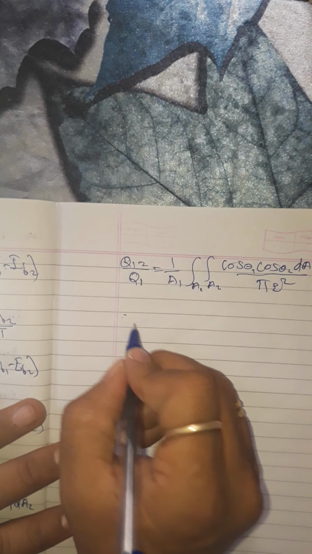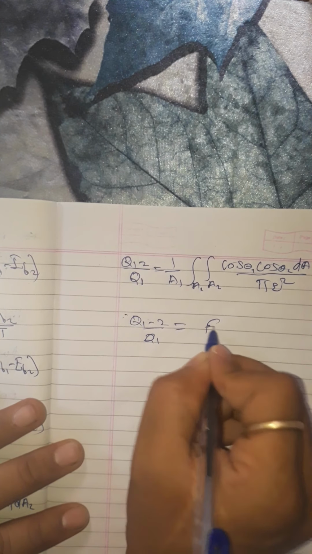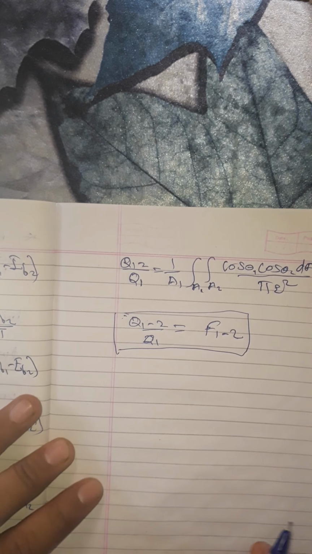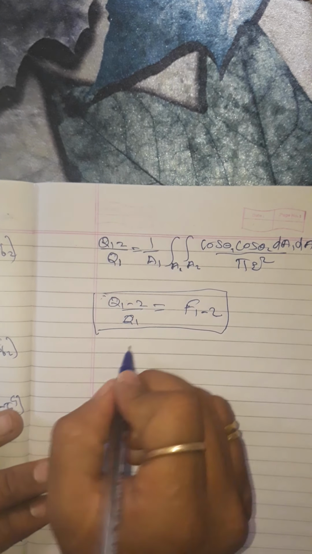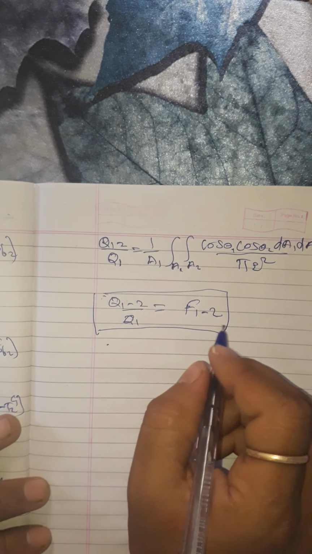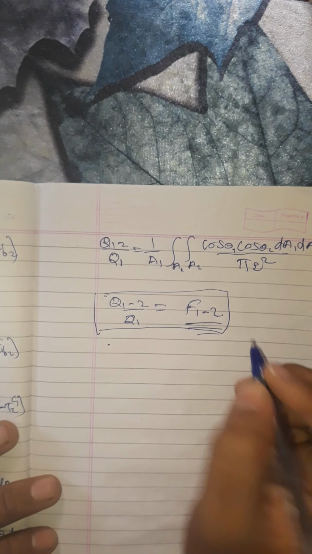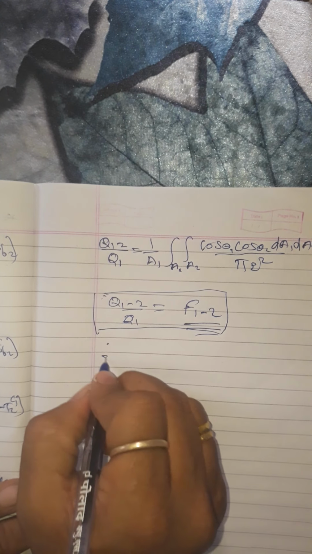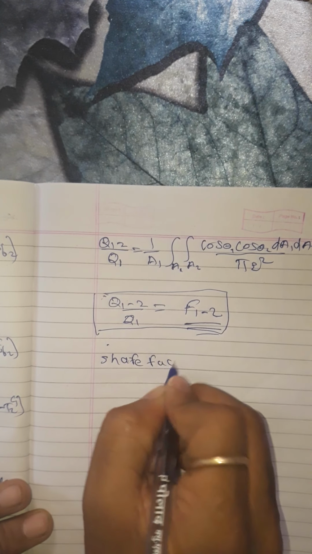So we can write Q1 to 2 divided by Q1 is equal to F1 to 2. F1 to 2 is called the configuration factor, surface factor, view factor or shape factor, right? So what is shape factor?